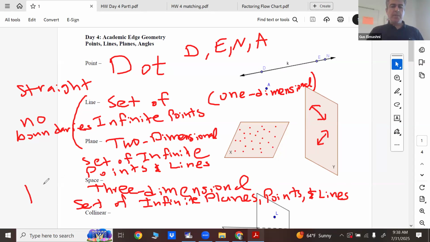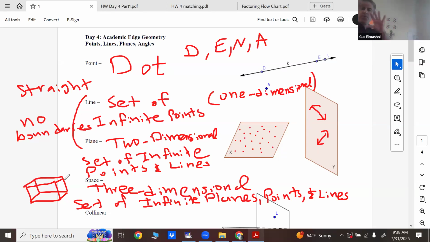So one example would be like this. Say I just drew a box. But it goes on forever. So it just goes on forever. That space.